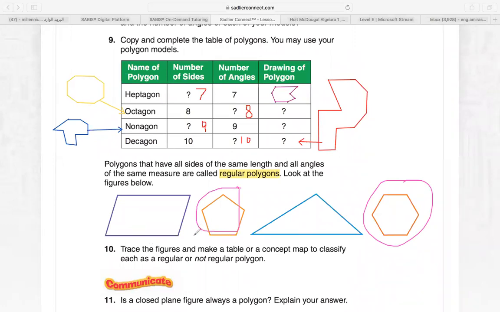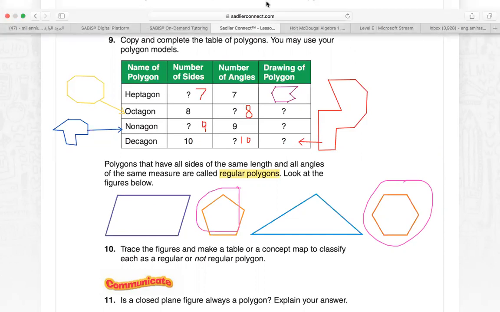So it is not regular. For the triangle also, it is not an equilateral triangle. Equilateral triangle is the triangle that has the 3 sides equal. But this one doesn't look like an equilateral triangle, so the 3 sides are unequal, so I cannot call it regular polygon.